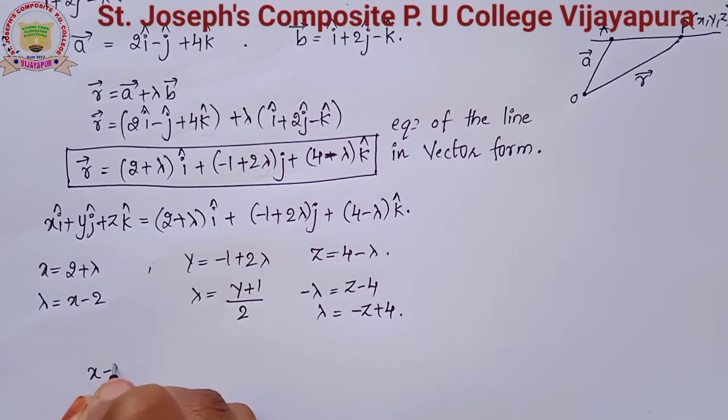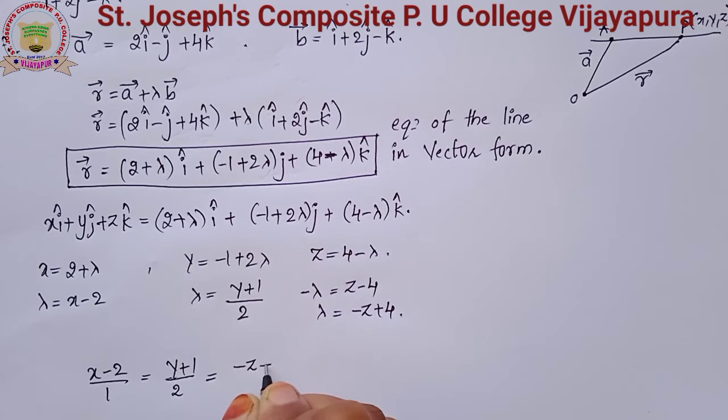So equate these lambda values. We get (x minus 2) by 1 is equal to (y plus 1) by 2 is equal to (minus z plus 4) by 1.